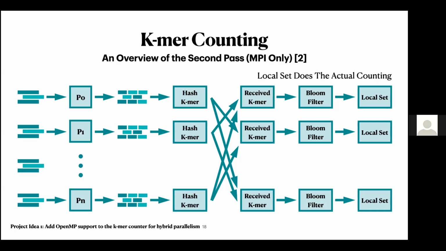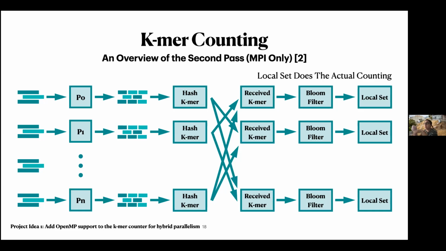And as I mentioned, this is MPI only. And the idea is to add OpenMP support for the k-mer counting in order to have hybrid parallelism. This is mostly because our other steps of the pipeline, as we'll see, also have OpenMP parallelism.